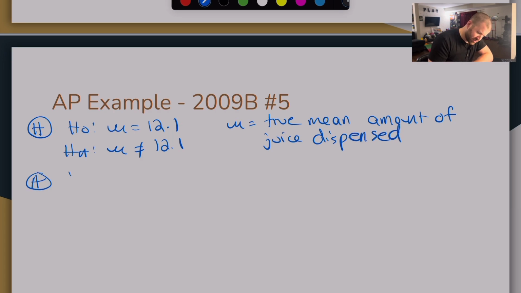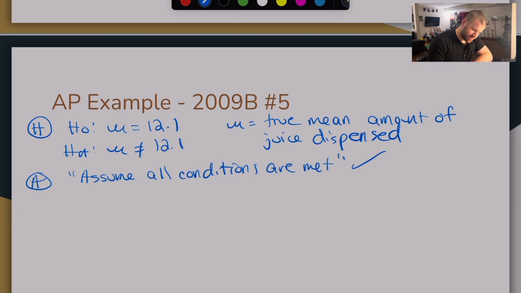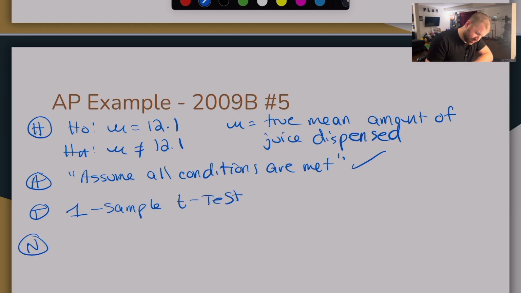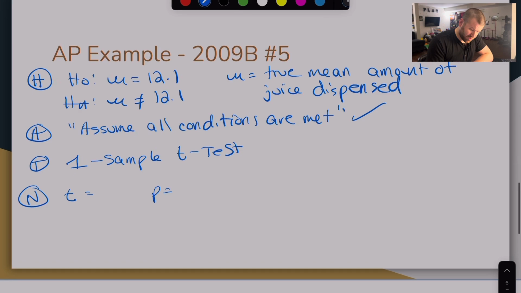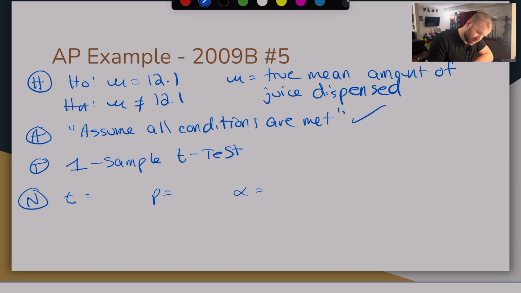For my assumptions, assume all conditions have been met. Love that. My favorite thing. Now the test is a one sample t-test. For my numbers, I'm going to plug this into my calculator. We were not given a significance level here, which usually means that it doesn't matter what your significance level is.